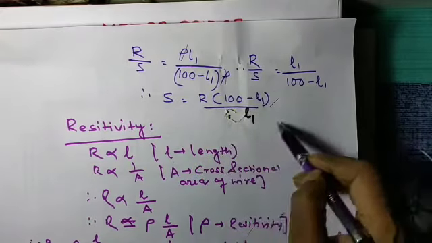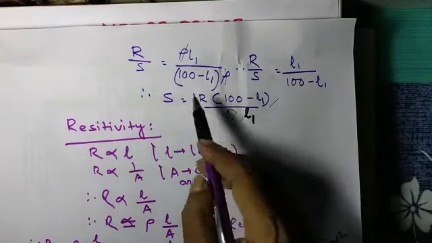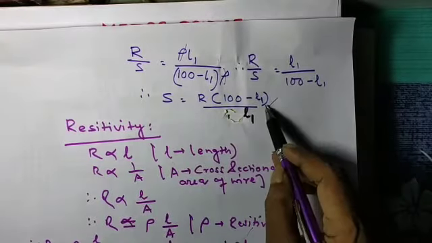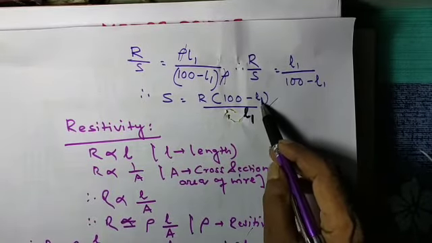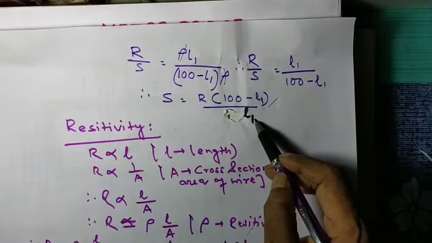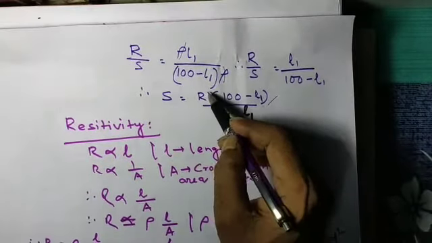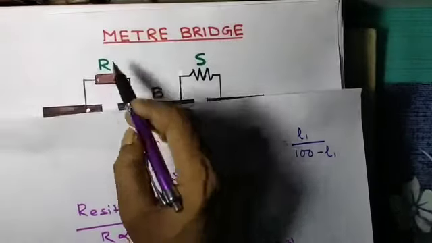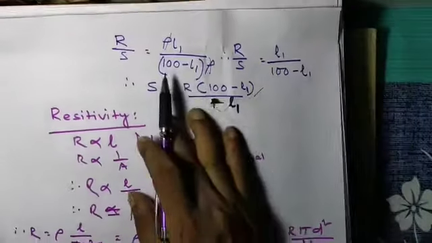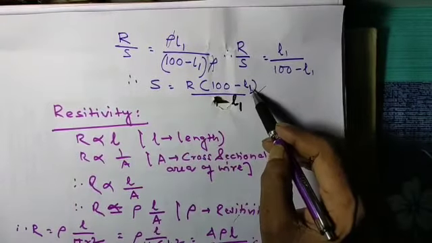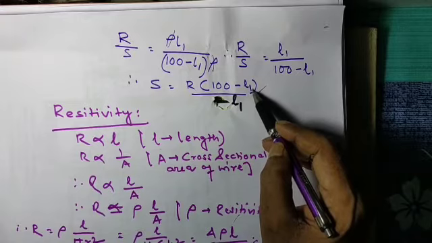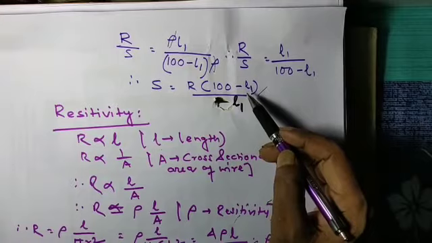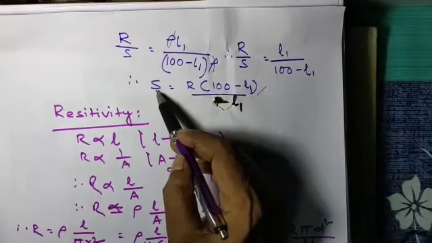We can get the value of L1 from the meter scale, and from the meter bridge we know R, because we have used a known resistance. So by applying this formula, we can determine the value of the unknown resistance S.